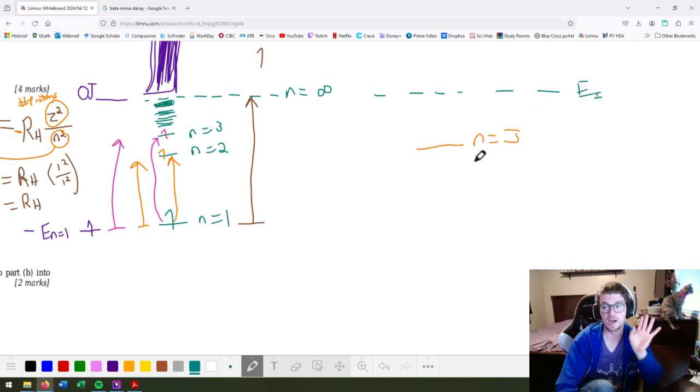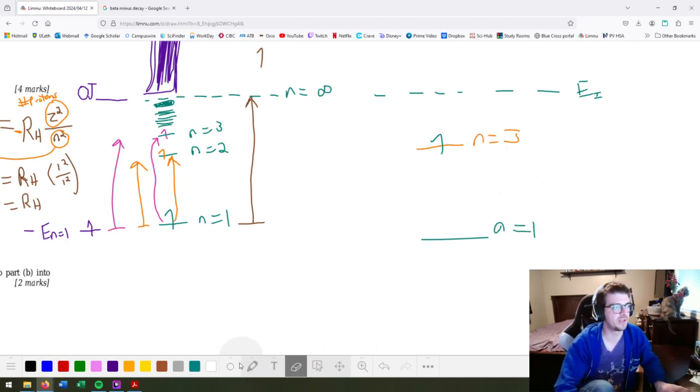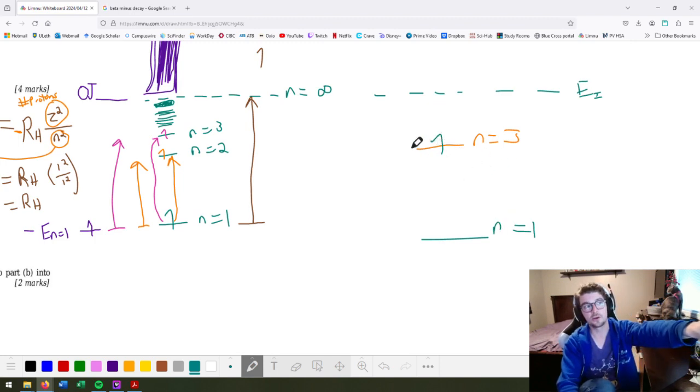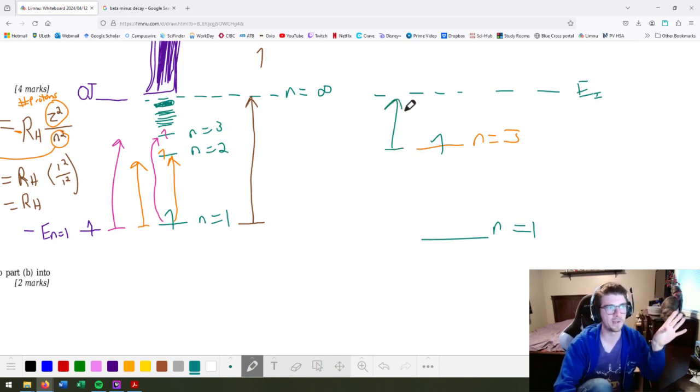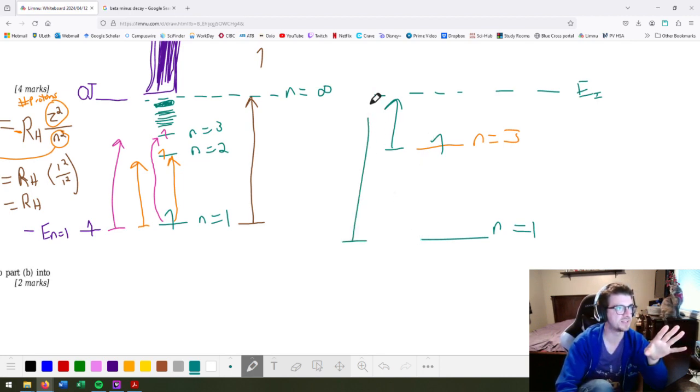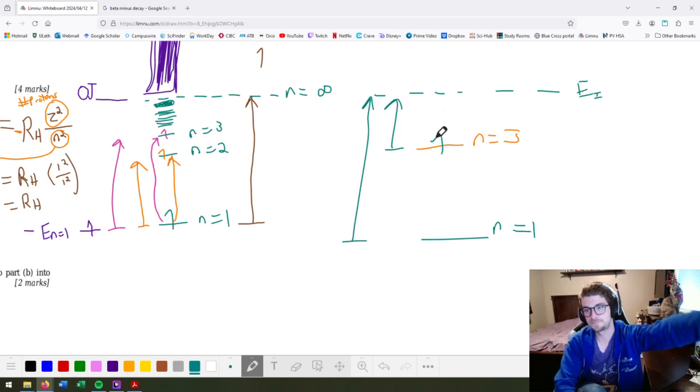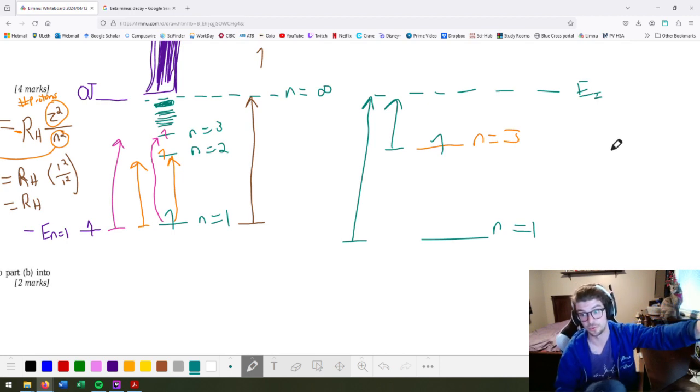So if we've got an electron in the n equals 3 energy level, it would be correct to say that electron could be ionized by the input of a smaller amount, or by a lower energy photon, because it's got less distance to go to get to that threshold, right?